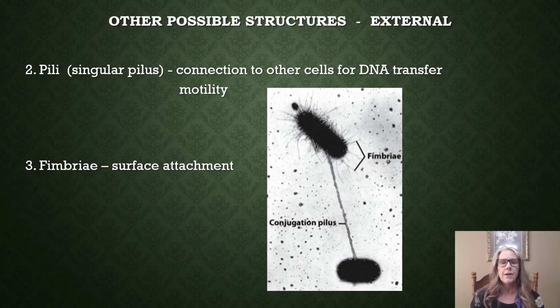They resemble long, thin hairs extending from the cell, but it's not hair, and it's used to help attach them to surfaces. All right, so those are the possible external structures, and this concludes part one of Bacteria, talking about bacteria anatomy and physiology.